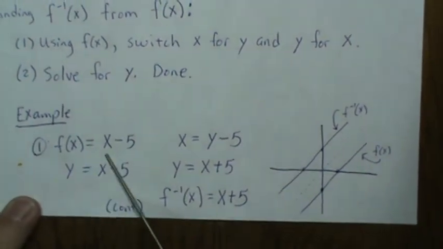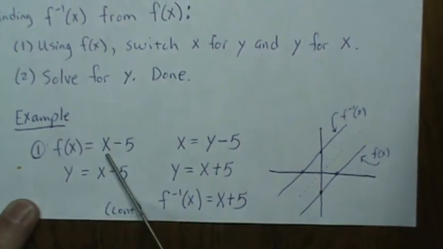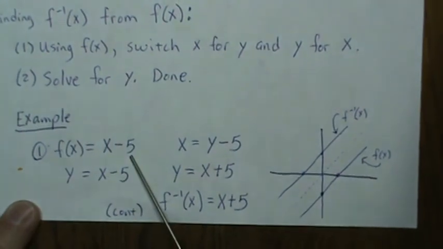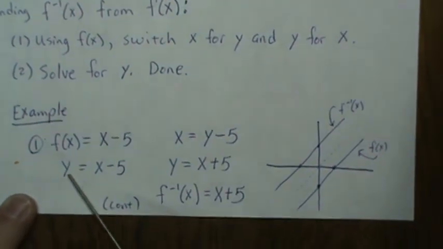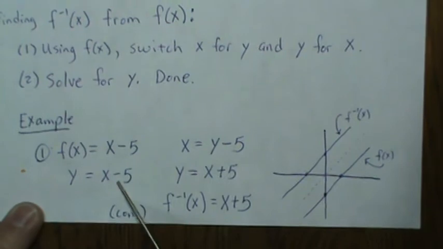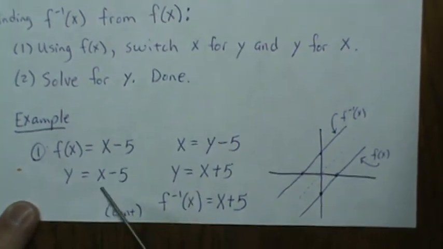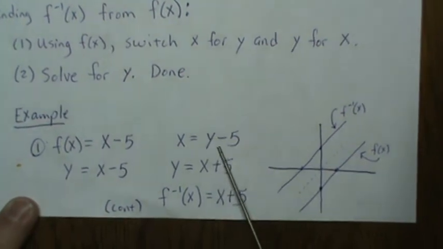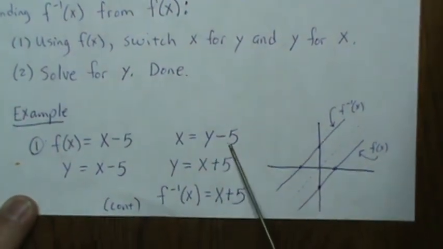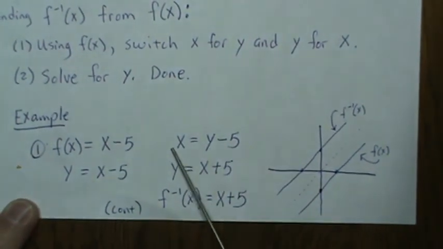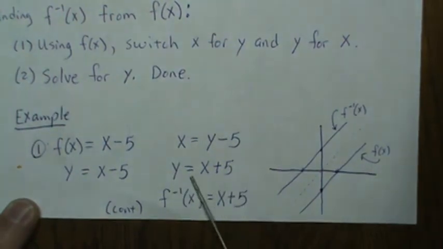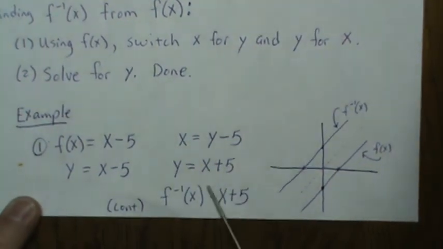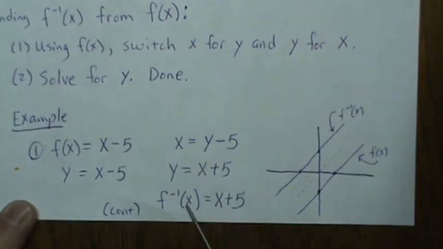If we have f of x equal to y, or x minus 5, so this is the same as y is equal to x minus 5. Then we put a y here and an x here, and this is what we get. And then we solve it for y. So take the 5 over, and we get y is equal to x plus 5. And that's what this is. So f inverse is x plus 5.